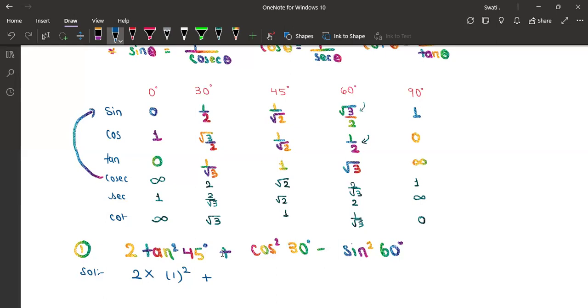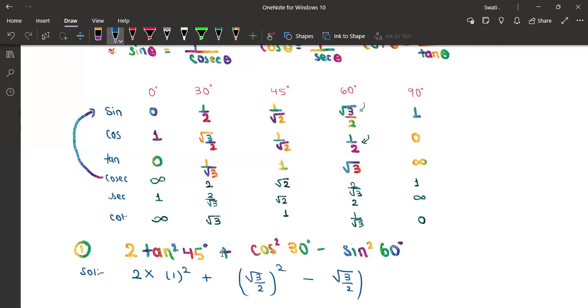Root 3 upon 2. Very good. So root 3 by 2. Is that correct? Are we missing something? In square we will write. Yes. Very good. Minus root 3 upon 2. Very good.